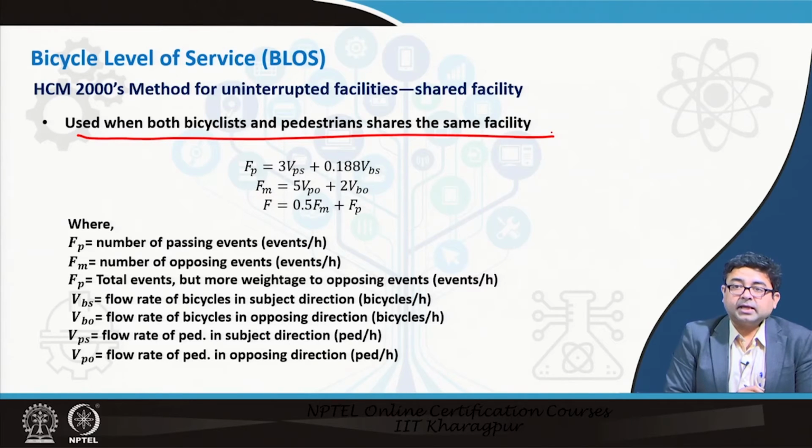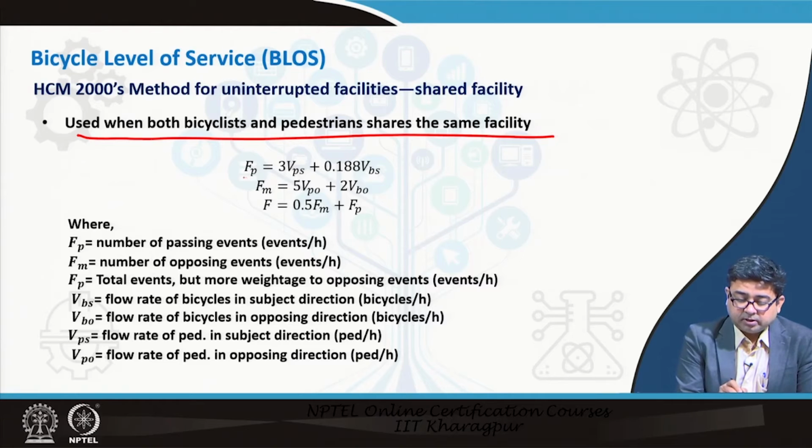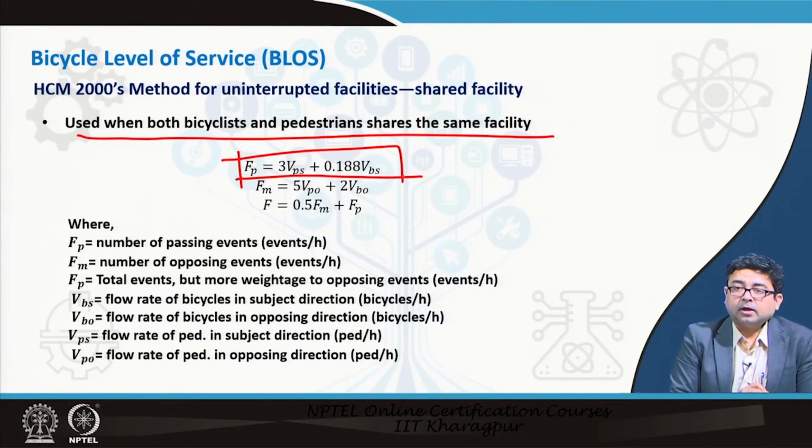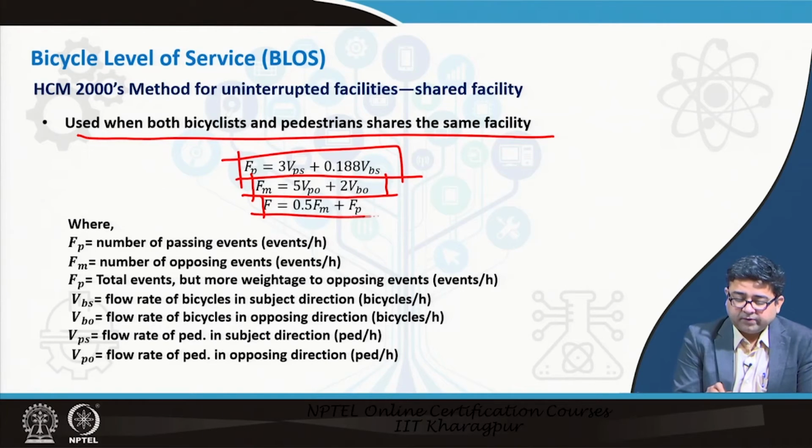The next facility to look at is a shared use path used by both bicyclists and pedestrians. In that case, your passing events are given by this formula, your opposing events are given by this formula, and again your total events, where opposing events have a greater weightage, are given by this formula.